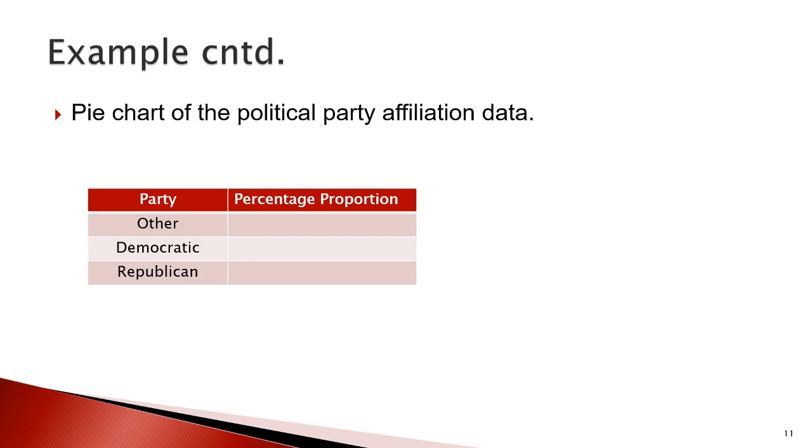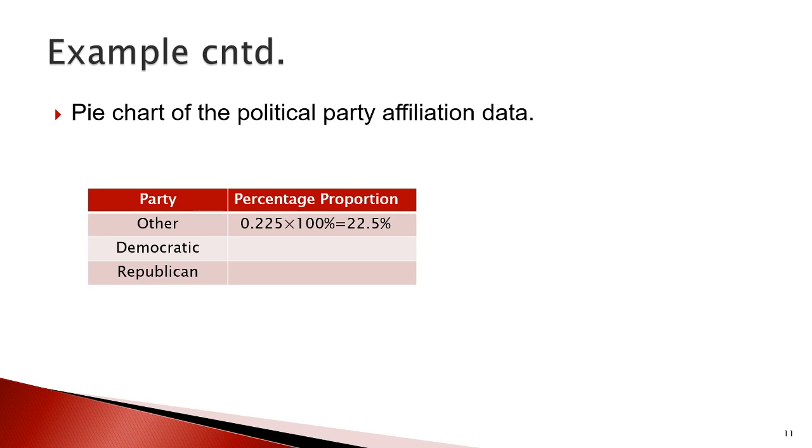As we already have the relative frequency data, we need to get the percentage proportion using the relative frequency values we obtained for each party. This is how we can get that. For example, if we want to get the percentage proportion of the other party, we should multiply the relative frequency value of the other party by 100%.